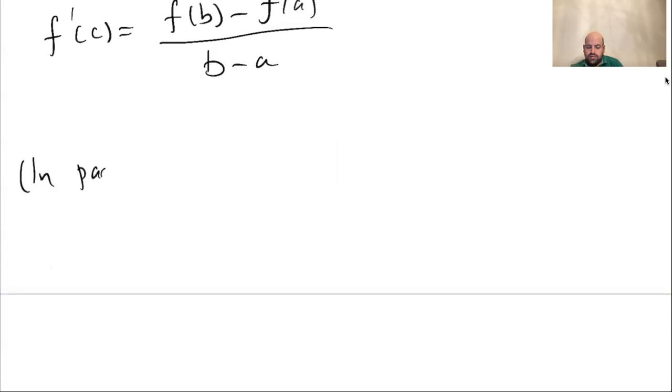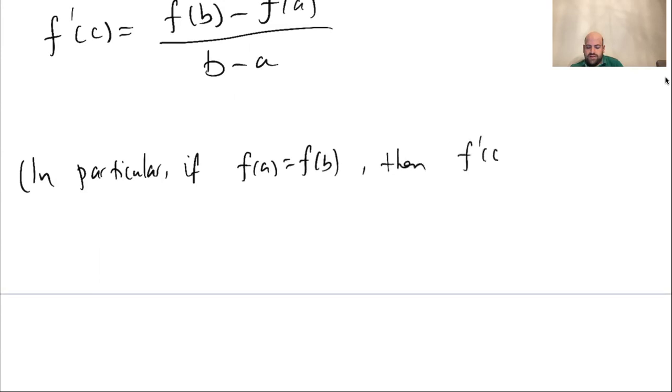In particular, if f of a equals f of b, then f prime of C is equal to 0, as predicted by Rolle's theorem.